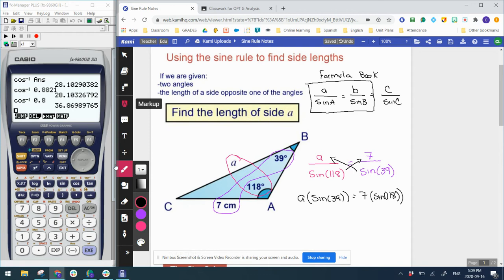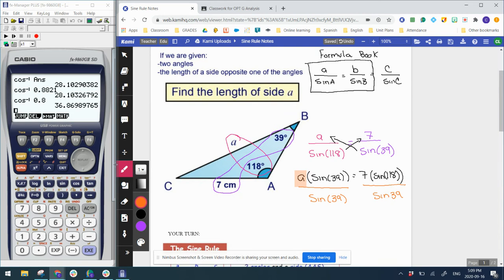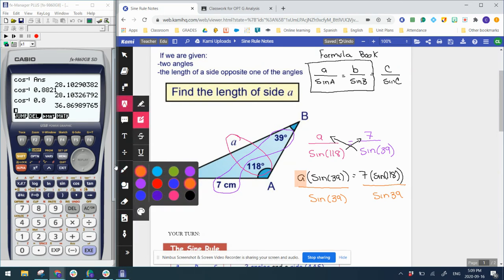If we want to find this A value, I need to get rid of this sine 39, so I'm going to divide both sides by sine 39. So this over here is what I need to enter into my calculator.